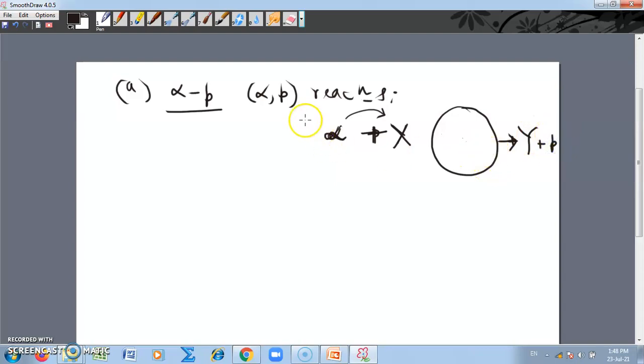This is what happens, and I'll give you two or three examples. Suppose this one is boron, and when I hit it with an alpha particle, the reaction can be written in this manner.